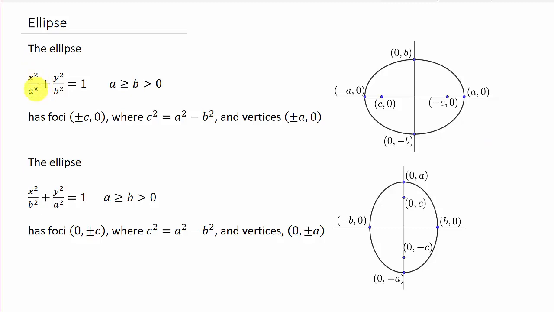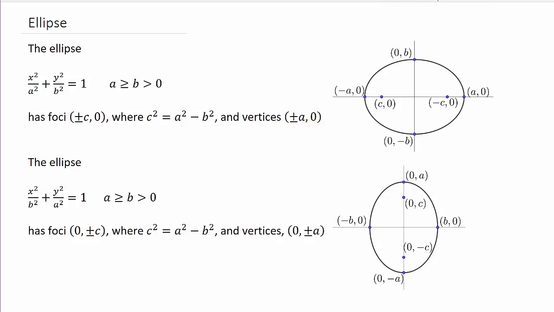It's in the form x squared over a squared plus y squared over b squared equals 1, where a is greater than or equal to b, which is greater than 0. Foci plus or minus c, 0, and c squared is equal to a squared minus b squared, and vertices plus or minus a, 0.